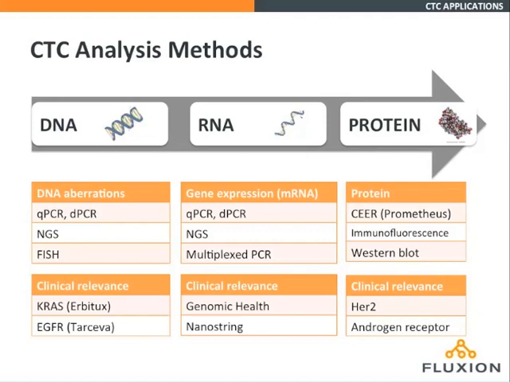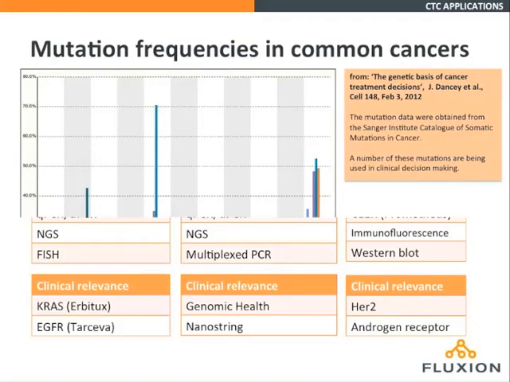So these methods are well vetted for primary tissue, and there are a number of tests that are being used either in the clinic or as companion diagnostics that use these various methods, including mutation detection, to prescribe treatment.